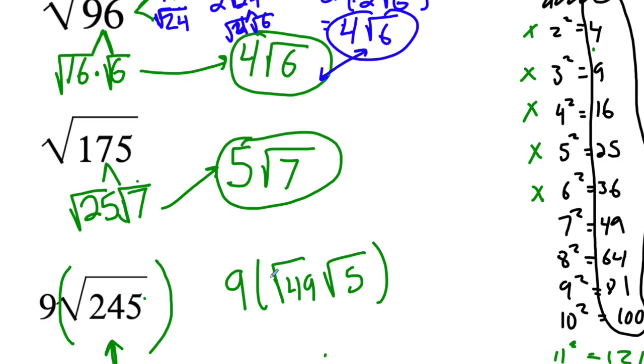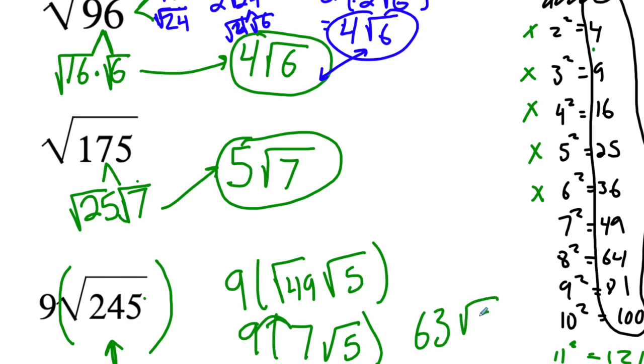All right? So now the 9 becomes a 3, the 49 becomes a 7, and the 5 remains a root 5. And I then take the 9 and the 7, that becomes a 63. So it's a 63 root 5. Okay? So those are our 3 that we've got there. Again, our answers are 4 root 6, 5 root 7, 63 root 5.